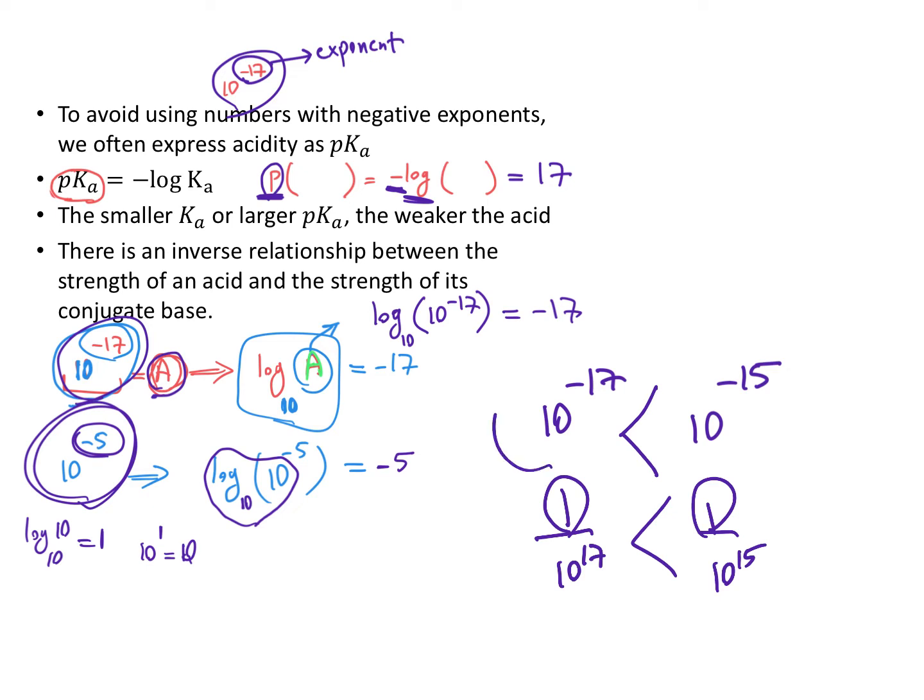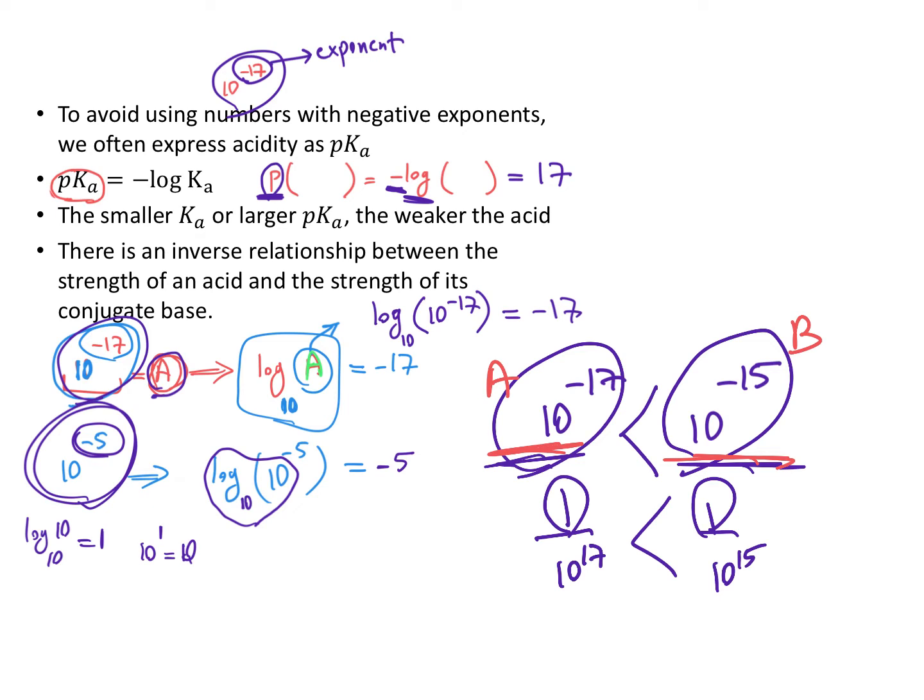So if I give you two numbers, this and that, and I say two acids have these acidity constants, which one is the stronger acid? I call this A, call this B. Which one is the stronger acid, A or B? B, right? Remember, we said when the acidity constant is bigger, it means that our acid dissociates more in water, so the concentration of hydronium ion, H3O plus, or proton is bigger, so the acid is stronger.